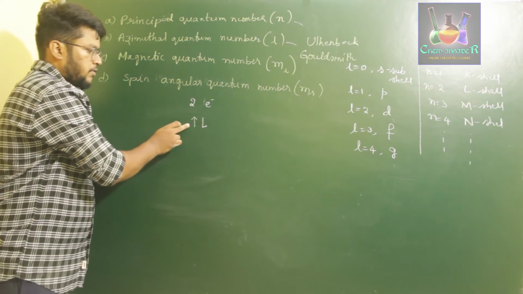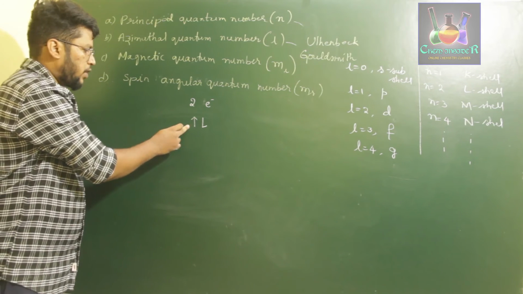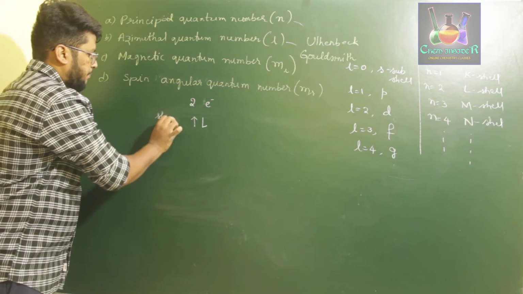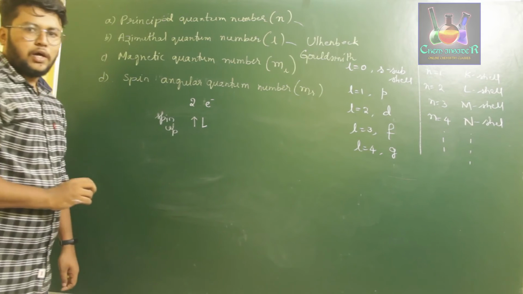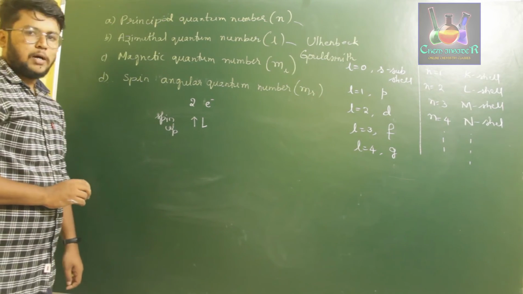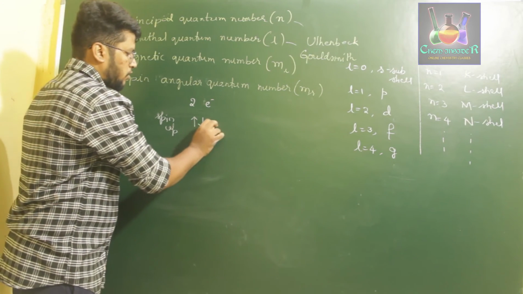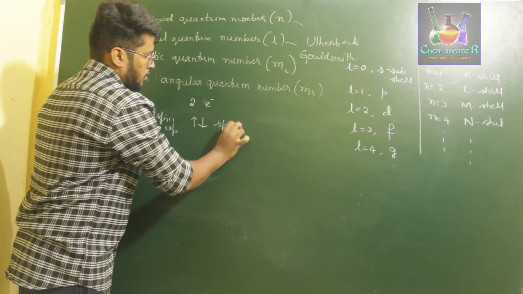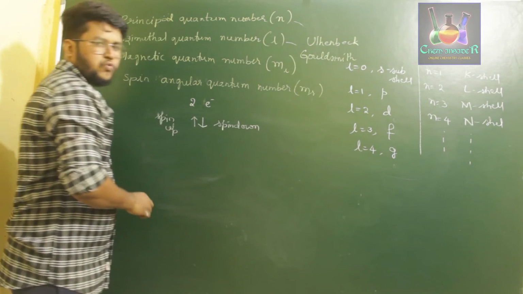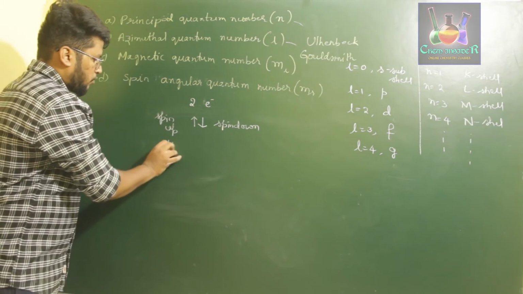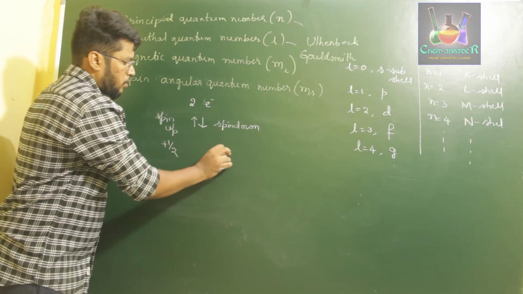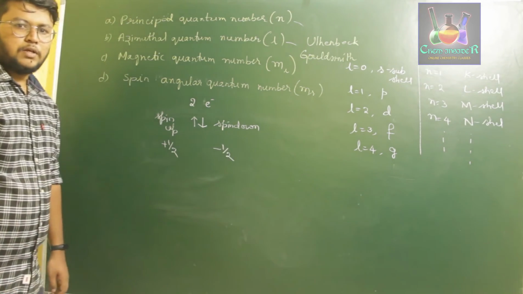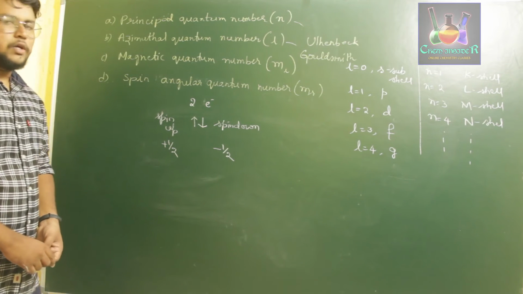One with an upward arrow is called spin up. One with a downward arrow is called spin down. Their values are plus 1/2 for up spin and minus 1/2 for down spin. So this is the spin angular quantum number.